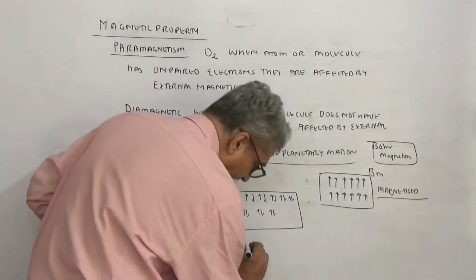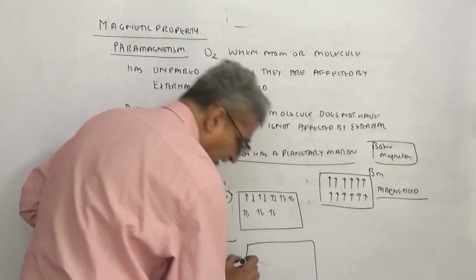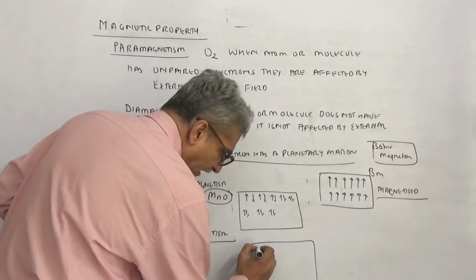In this case, after you remove the external magnetic field, unequal numbers are there.